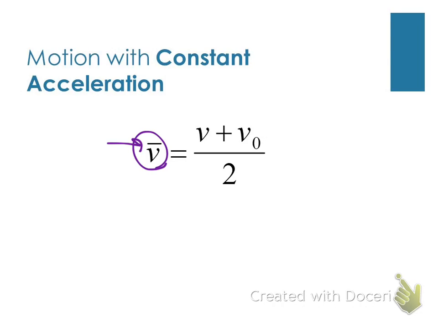That's what the bar over top of the variable means: average. Okay, so if you ever see a bar over that letter, it just means average. So to take the average of something, add them together, divide by how many you have, right? So we're adding final plus initial, we're dividing it by 2. Okay, we rarely use this equation, but I'm going to give it to you anyway.